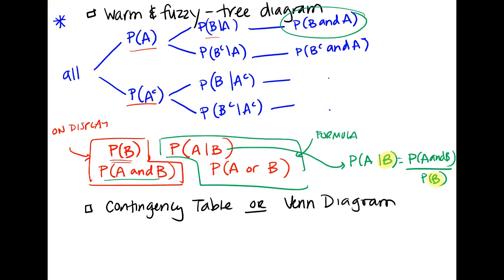Remember, we know we're dealing with a tree diagram when we have conditionals, and we know we're dealing with a contingency table or Venn diagram when we have ands. But again, I tend to make this easier for you on the test. I usually will say create a Venn diagram or create a contingency table before I ask you those questions.